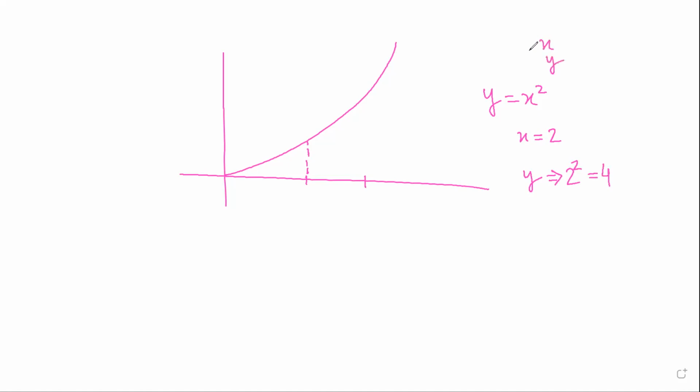Yeah. So at any point x, for example at x is equal to 2, if I want to find the value of y, all I need to do is put this value of 2 here and I will get the value of y. Is it making sense?